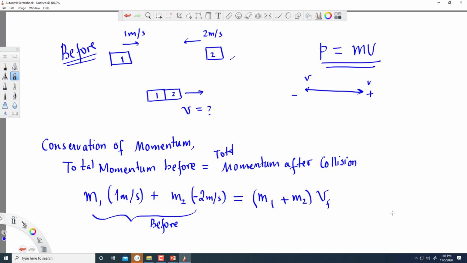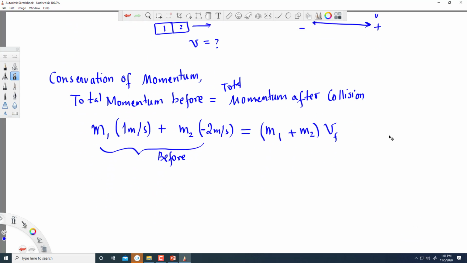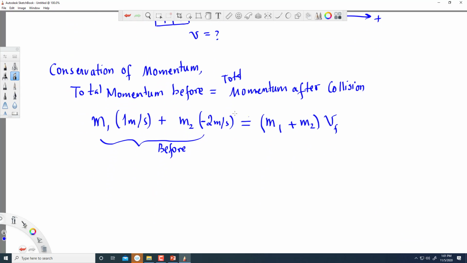And it says that they are identical, their mass is same. So that means m1 is equal to m2, same mass. Both have the same mass, we can call that m. So m1 is m.